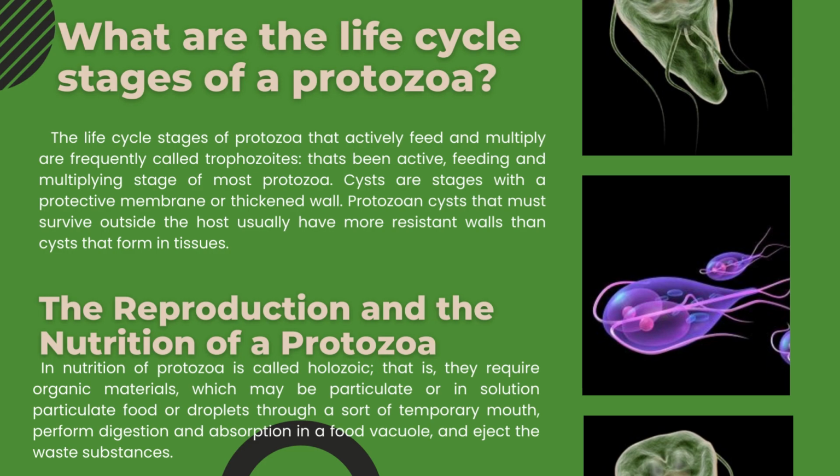Protozoan cells that must survive outside the host usually have more resistant walls than cells that form in the tissue. In reproduction, both sexual and asexual types can happen. Binary fission is the most common, and it's an asexual type of reproduction, where multiple asexual division occurs in some forms.